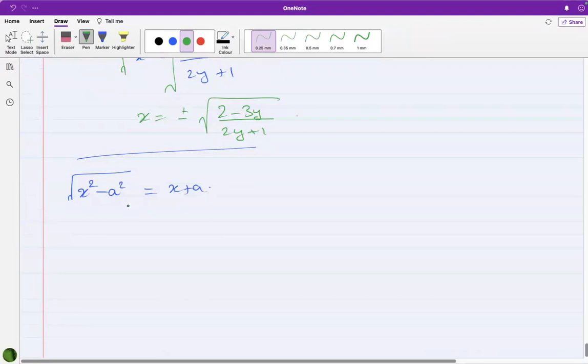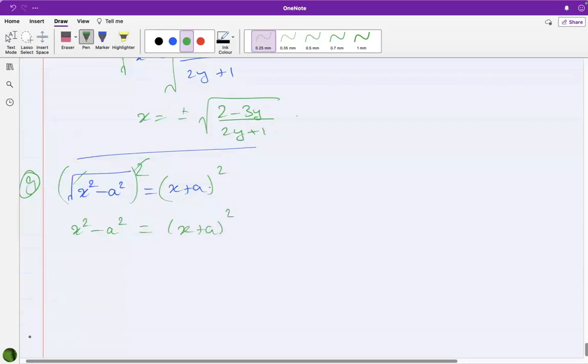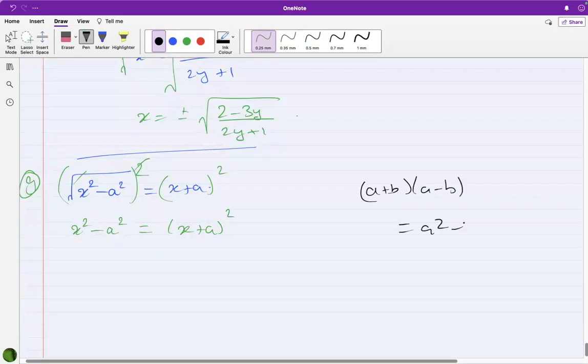I'm taking square root on both sides. Sorry, square on both sides. And so I'm left with x squared minus a squared is equal to x plus a whole squared. Now, do you agree that a plus b into a minus b is a squared minus b squared?